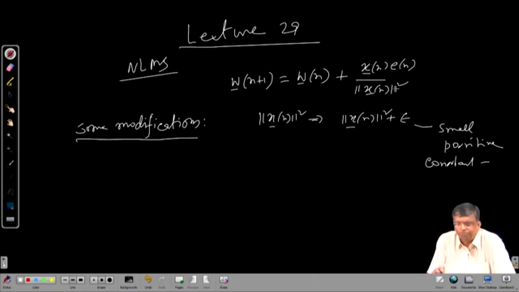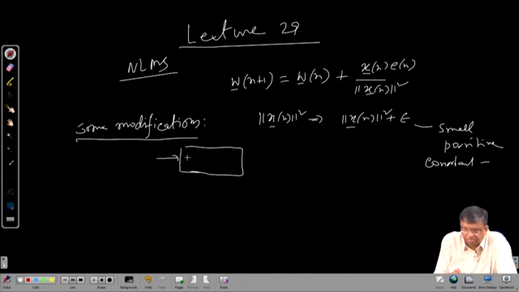Another is, we have done everything assuming there is no noise. But suppose the system is like this, again I am taking just two coefficients for our explanation. So, this is your x(n) and some noise comes, which is z(n), and this is d(n).